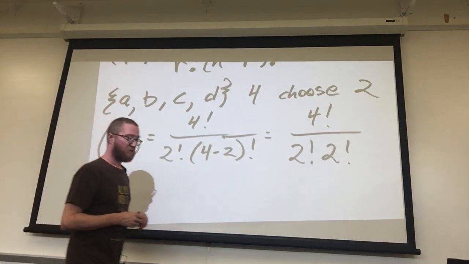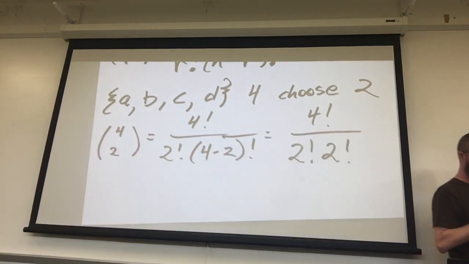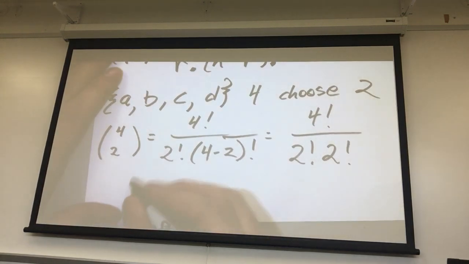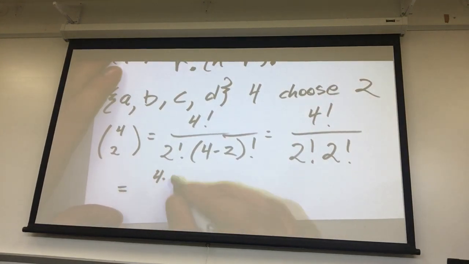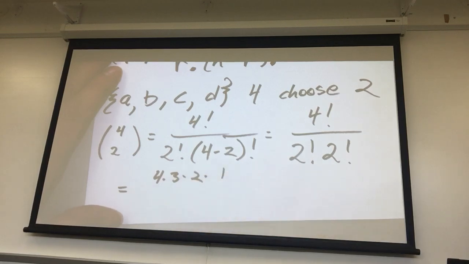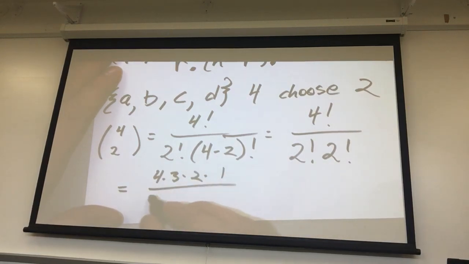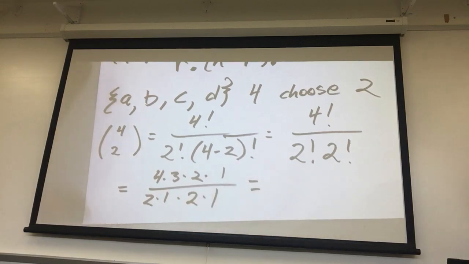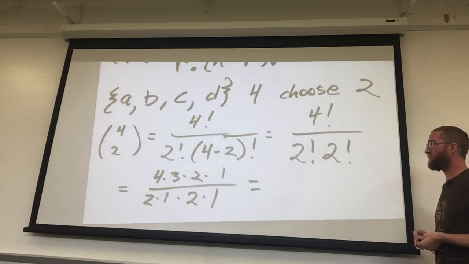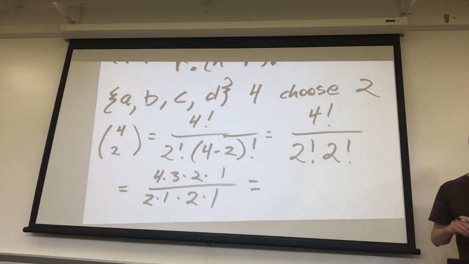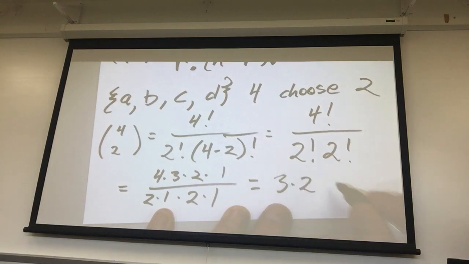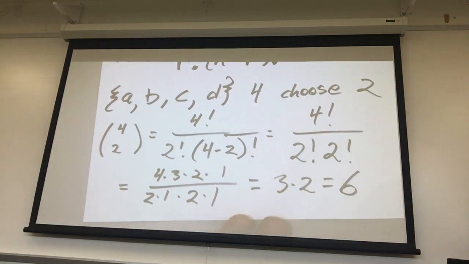All right, so what would that become? Four times 3 times 2 times 1 divided by 2 times 1 times 2 times 1. Well, 2 times 1 times 2 times 1 is 4, so that would come out to just being 3 times 2, which equals 6.